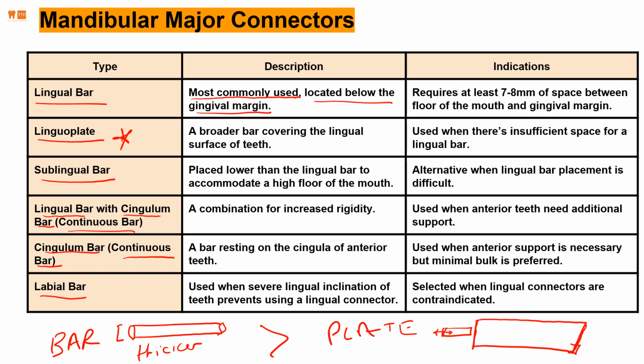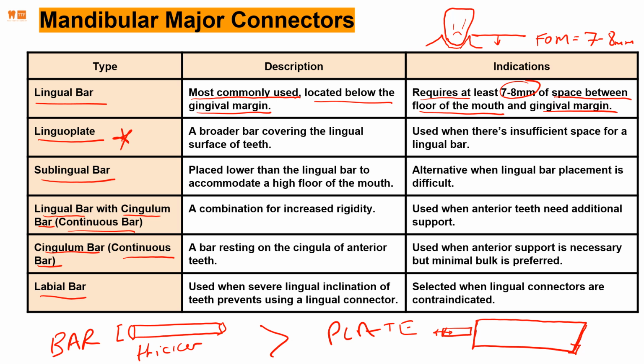How much below? It requires at least 7 to 8 millimeter space between the floor of the mouth and the gingival margin. So now all of a sudden, a gingival margin is very, very important. Imagine if this is a palatal side and that's the cingulum, and this is the gingival margin, right? Now, from this area to the floor of the mouth, it says we need 7 to 8 millimeters.